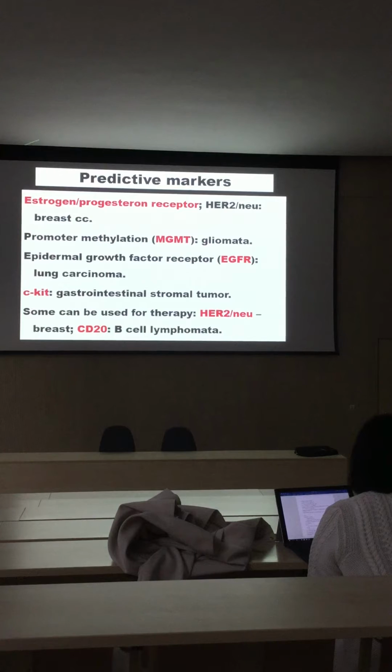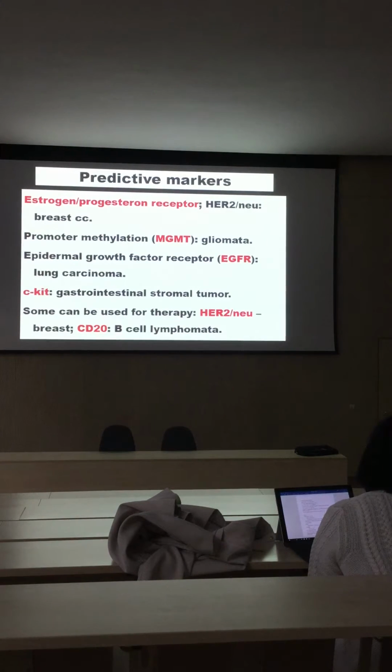If the promoter of methylguanine methyltransferase, the enzyme, is methylated, then there's no use to give any type of drug that makes covalent bindings between certain amino acids and within proteins, or covalent bindings between certain segments of the DNA, because this enzyme will correct that error that is brought about by treatment.